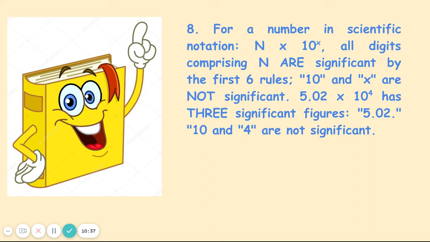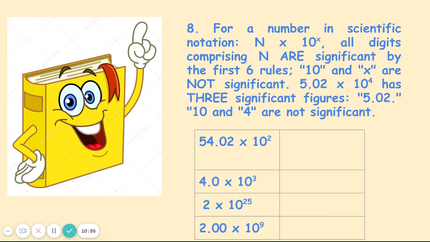So, 502 times 10 to the 4th has 3 significant figures. 502. 10 and 4 are not significant. So, huwag nyo na pong isipin yung 10 saka yung exponent niya na 4 or any number na nakalagay doon sa exponent. So, example, 5.402 times 10 to the second power, hindi po kasali yung 10 to the second power. Dito lang po kayo titingin. In this 54.02 lang. So, 54.02 has 4 significant figures.